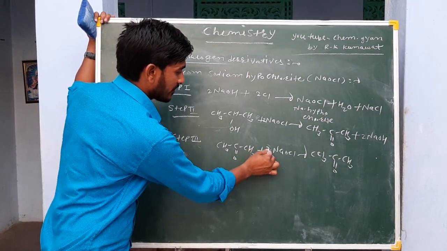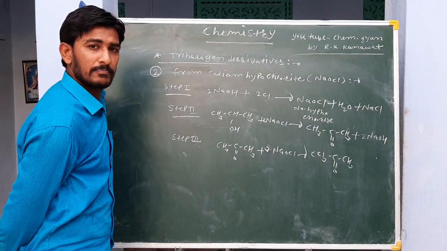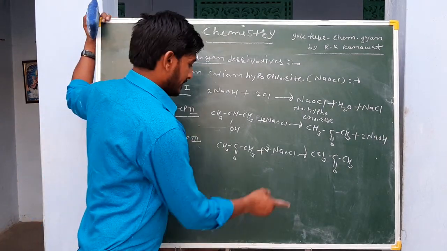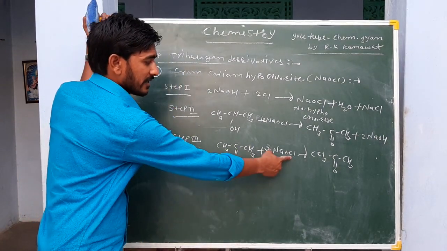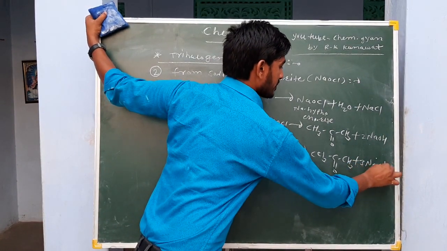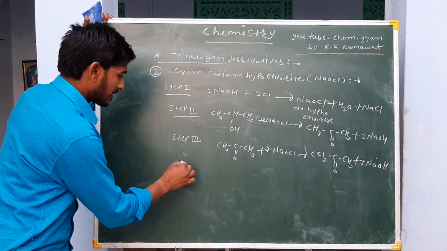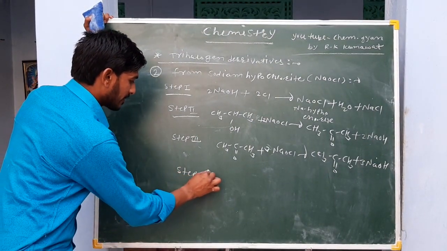Here we use only 3 NaOCl sodium hypochlorite molecules, and 3 hydrogens are replaced by 3 Cl atoms, and 3 NaOH are removed in this step.